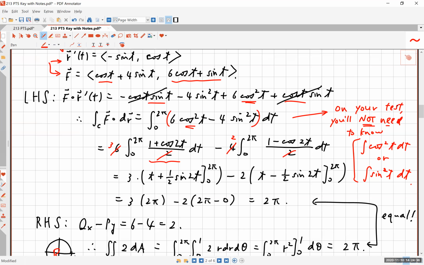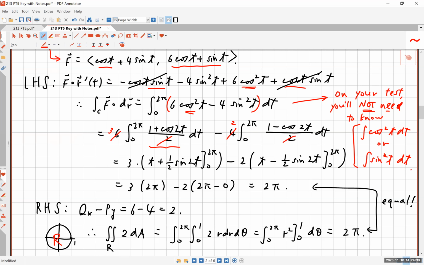You can look these up if you want. Both of these come from the two different ways of writing the double angle formula for cosine. Assuming that you have already learned to do this in calculus 2, I will not hold you responsible for this. But since this is your practice test, look it up and find your answer.